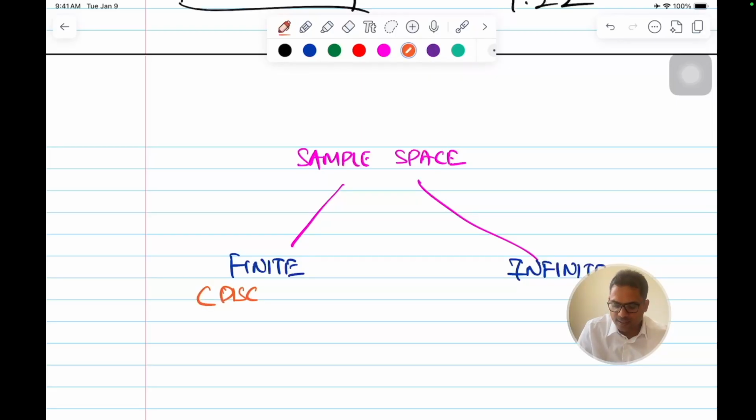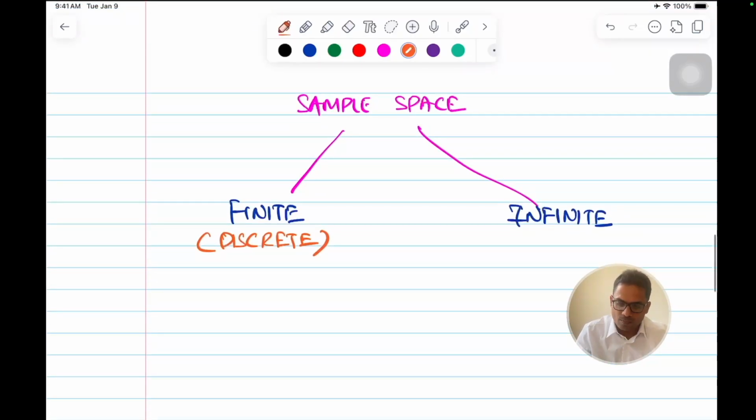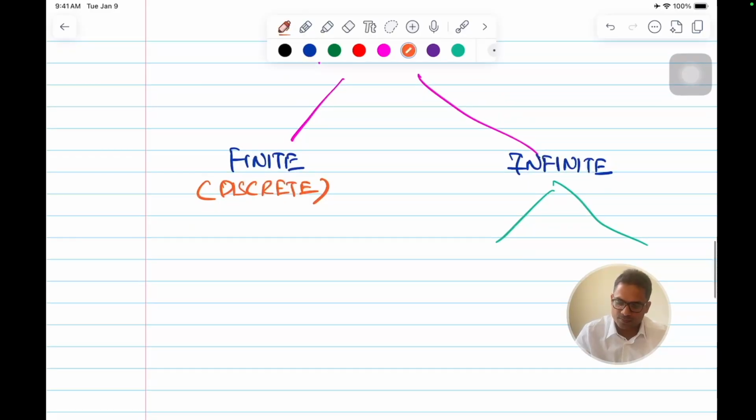Roll a die, you get a finite number of possibilities. So that's discrete, no problem. But if it's infinite, then it can be either countable or uncountable.